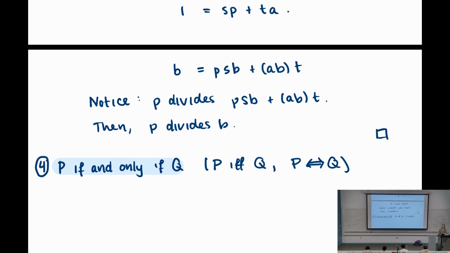The way that you'd prove this is you need to just show both implications. So you need to show P implies Q, and then separately you need to show Q implies P.